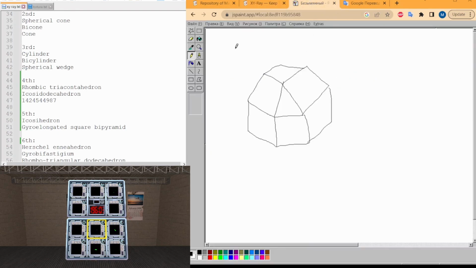Another method is tracking a certain side. So for example, the section is here. With time going, it will go here, then here.